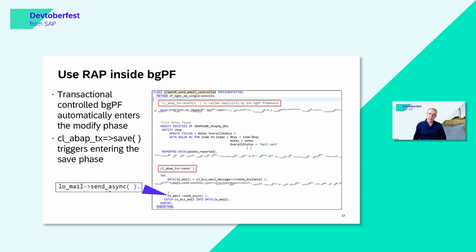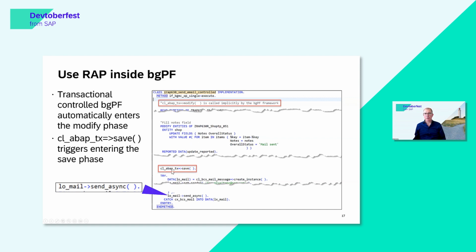The other way around is you make use of the background processing framework, and then you use RAP in that call. So you would, for example, have a class where you want to modify an entity. And please note, if you implement this class, the background processing framework automatically sets the start of a modify phase.